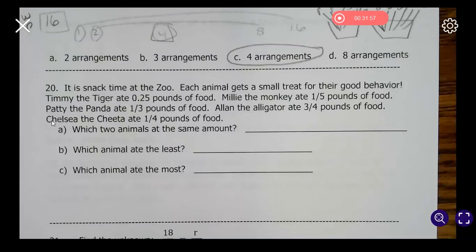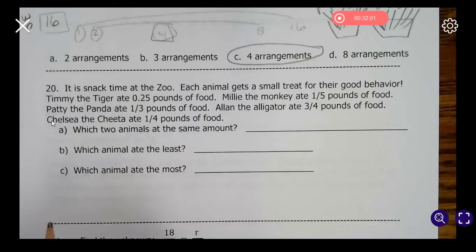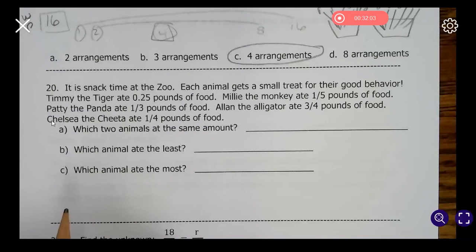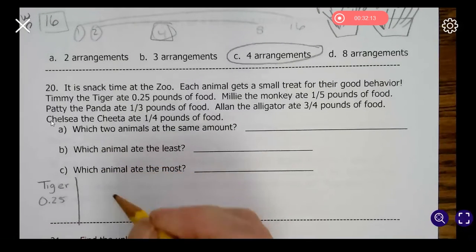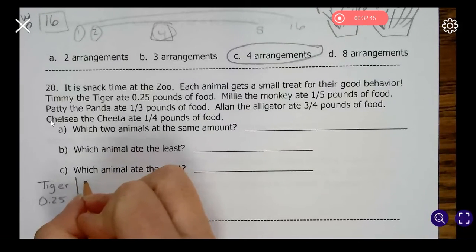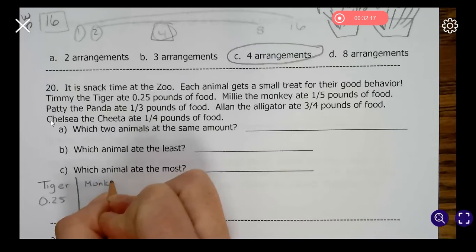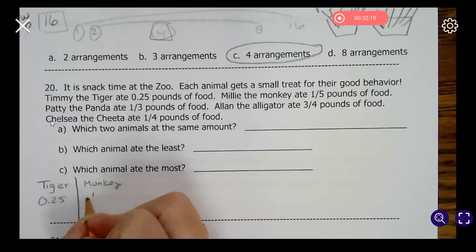Okay, now let's see here. I think a chart would actually help us out here, okay? So we've got the tiger, 0.25. Then we've got the monkey, 1/5.